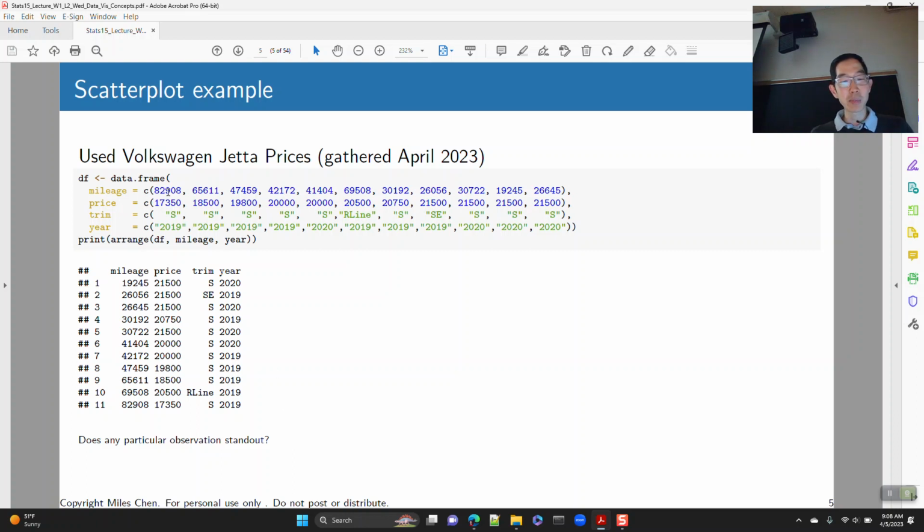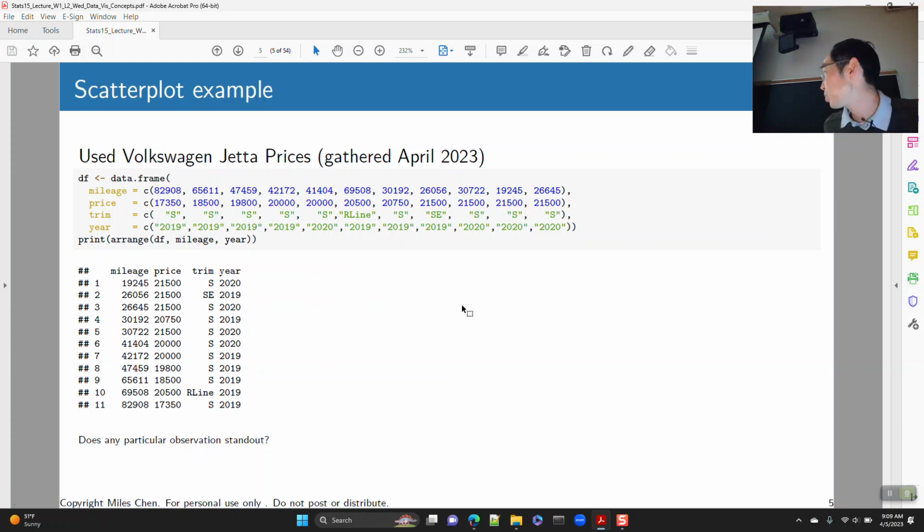I looked at the mileage of the vehicle, the price on the vehicle, its trim line, and what year the vehicle was. So we have these 2019, 2020 used Volkswagen Jettas. They have different mileages, they have different prices, and there's the S and the R line and the SE, different levels of how nice the vehicle is, and this is the information.